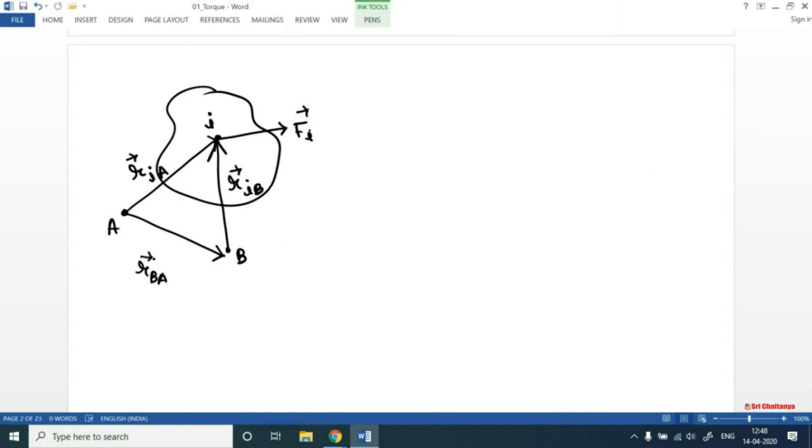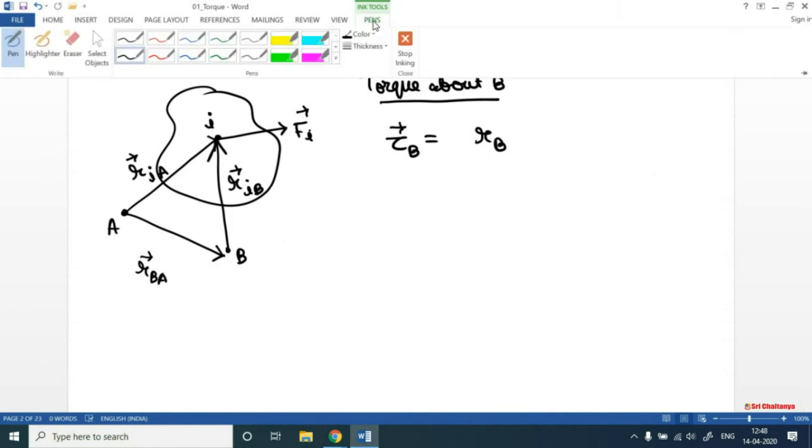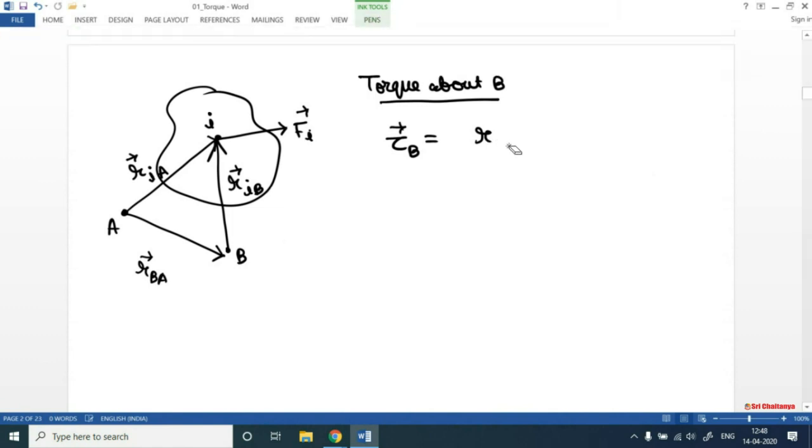Okay, so how can we relate? For example, if we try to write down the torque about B, so torque about B simply can be written as tau B is equal to summation of RIB cross Fi.